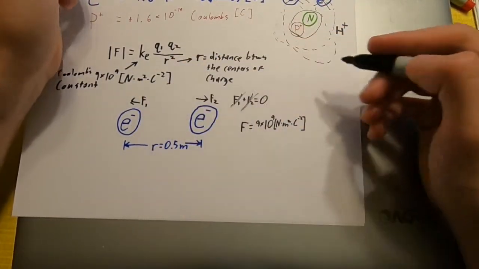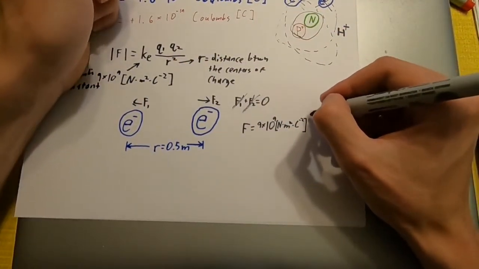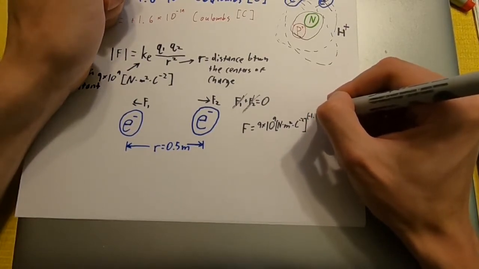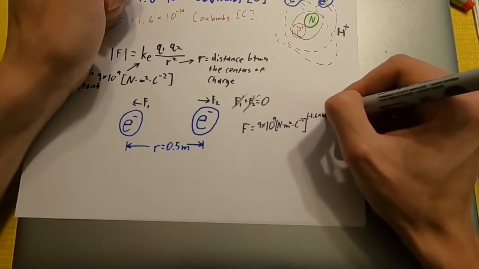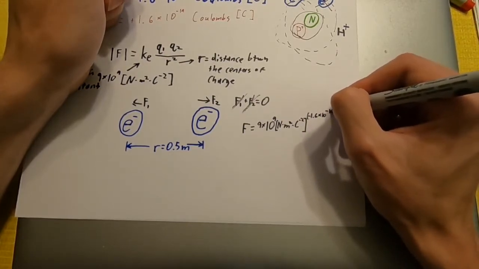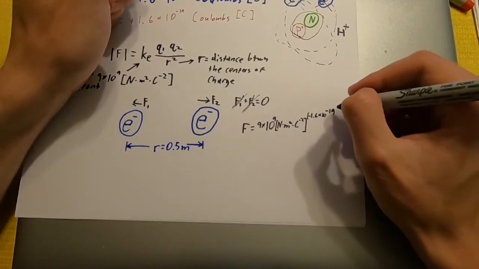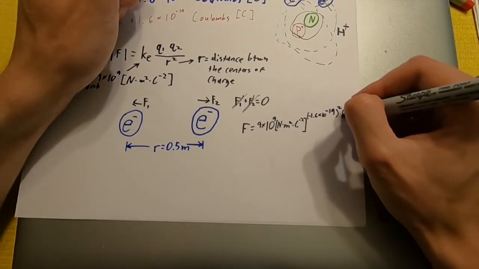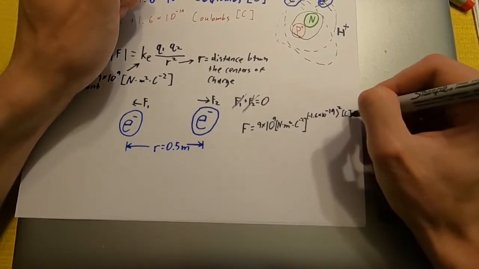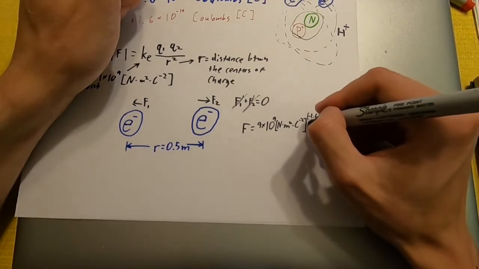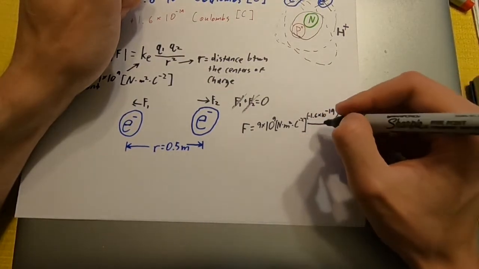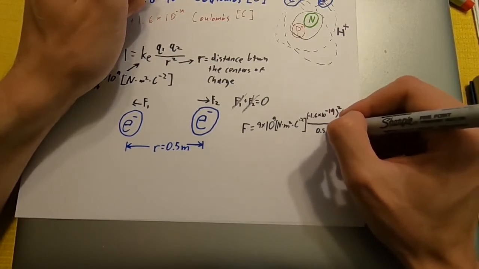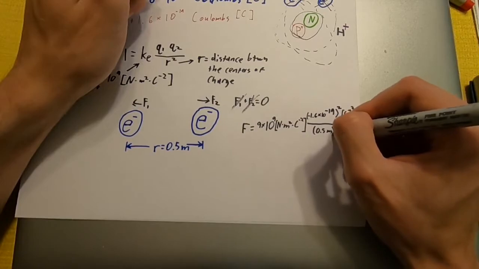So we got two electrons. Each of them is negative 1.6 times 10 to the negative 19th coulombs. We're just going to square this because we have two of them. So we got coulomb squared all over 0.5 meters squared.